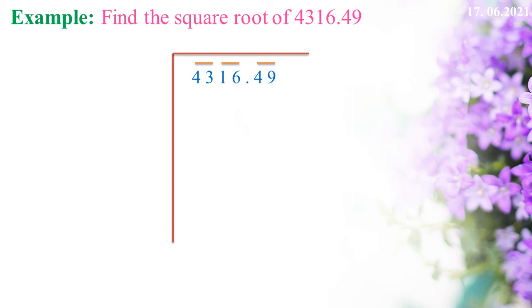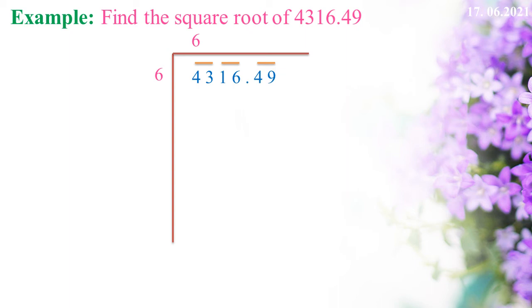Next, we should mark off the digits in pairs on the decimal part beginning with the first decimal place. Next, we should find the largest number whose square is equal to or just less than the first period. Here the square number is 6. So, take this number as the divisor and the quotient.